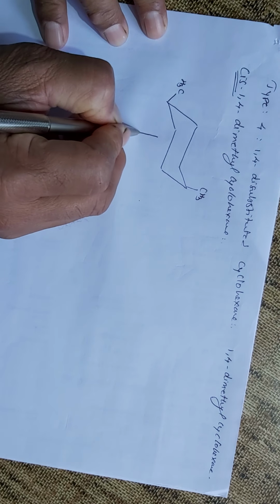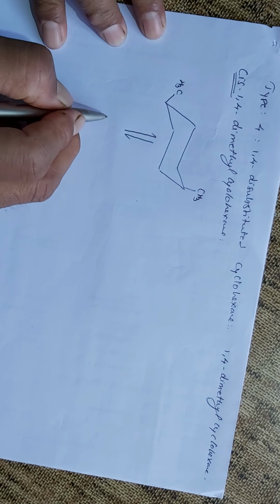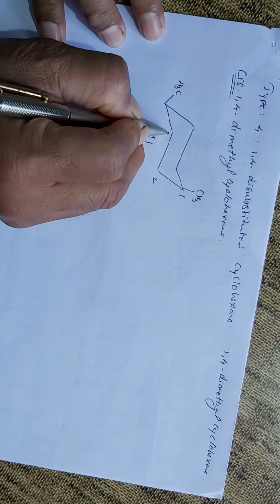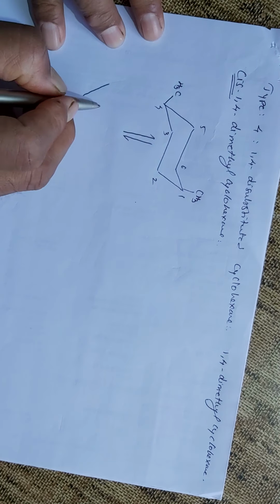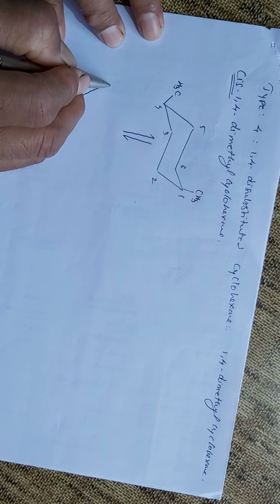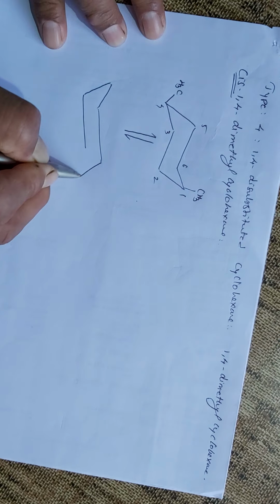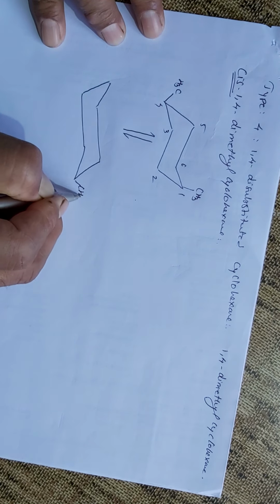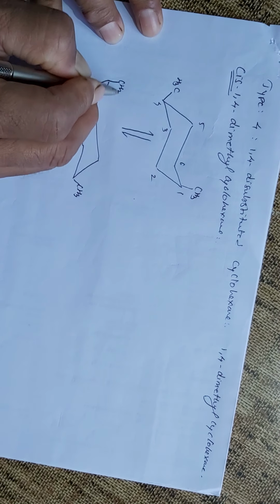And so, this gives the other isomer by flipping of the ring. So here it's 1, 2, 3, 4, 5 and 6. Now 4, which was below the plane, will go above the plane, and 1, which was above the plane, will come below the plane. So the group will change position from axial to equatorial, and here it will change from equatorial to axial.